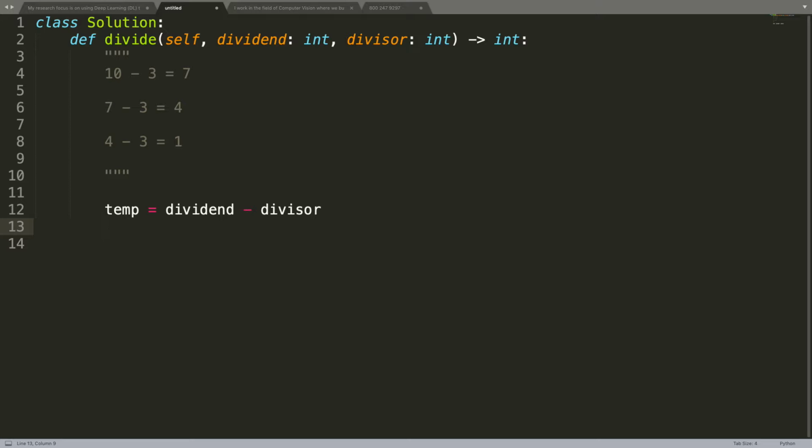Then I need to do a check. Let's see if temp is greater than or equals to divisor. Then I have to still do this again. That's just the initial idea.